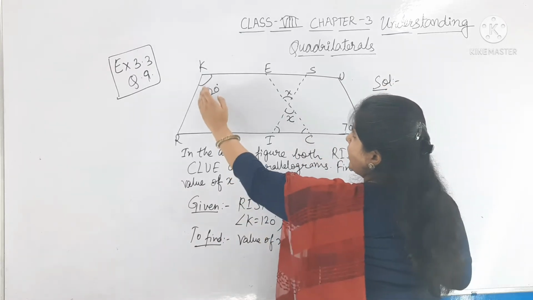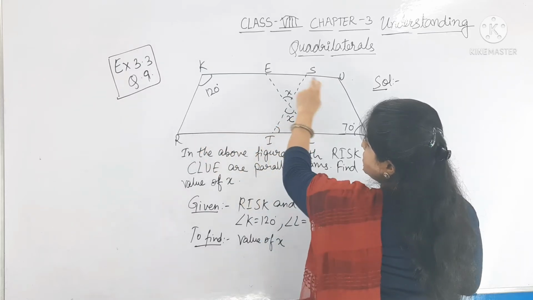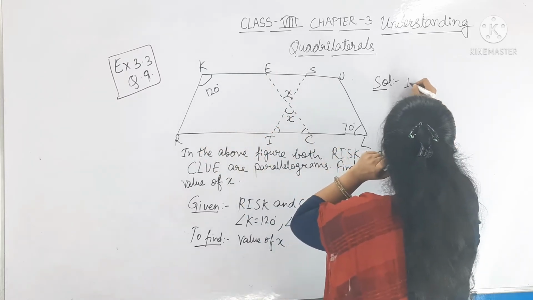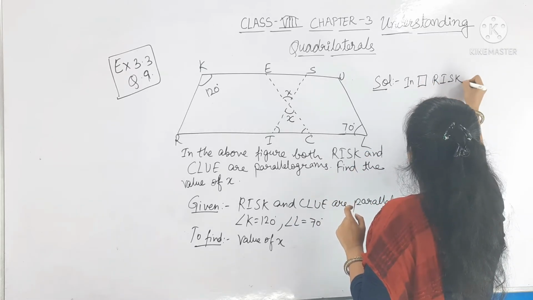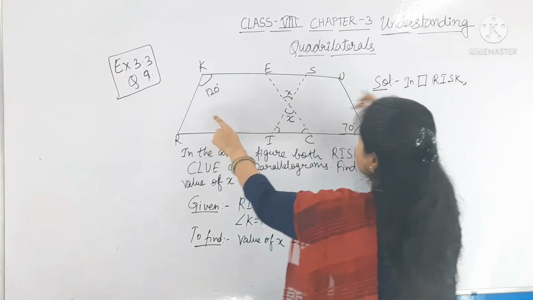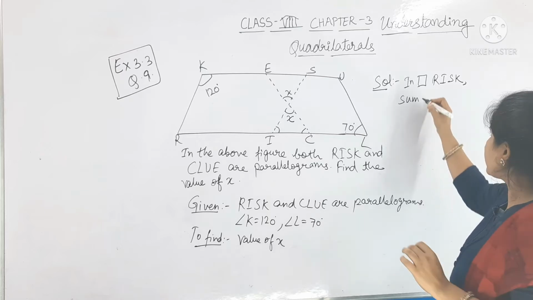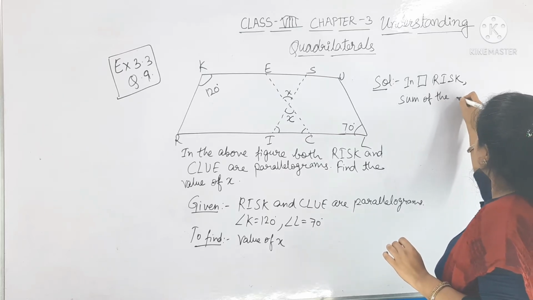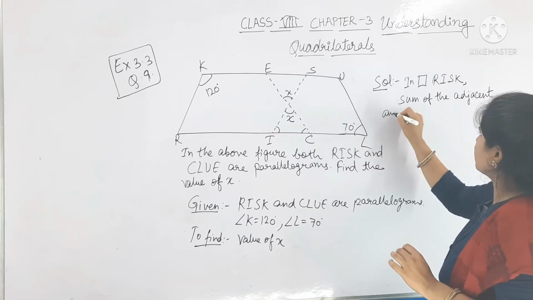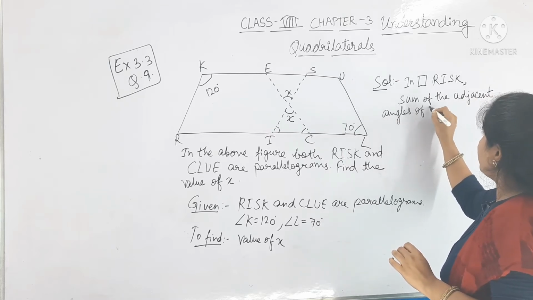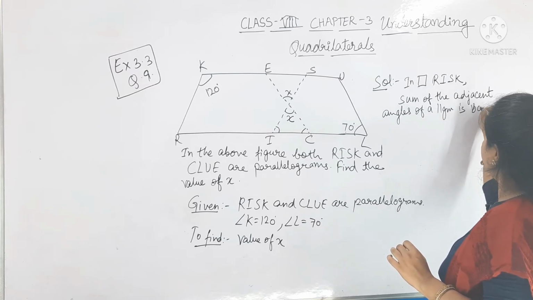You can see that in parallelogram RISK, we know the property, the sum of the adjacent angles of a parallelogram is 180 degree.